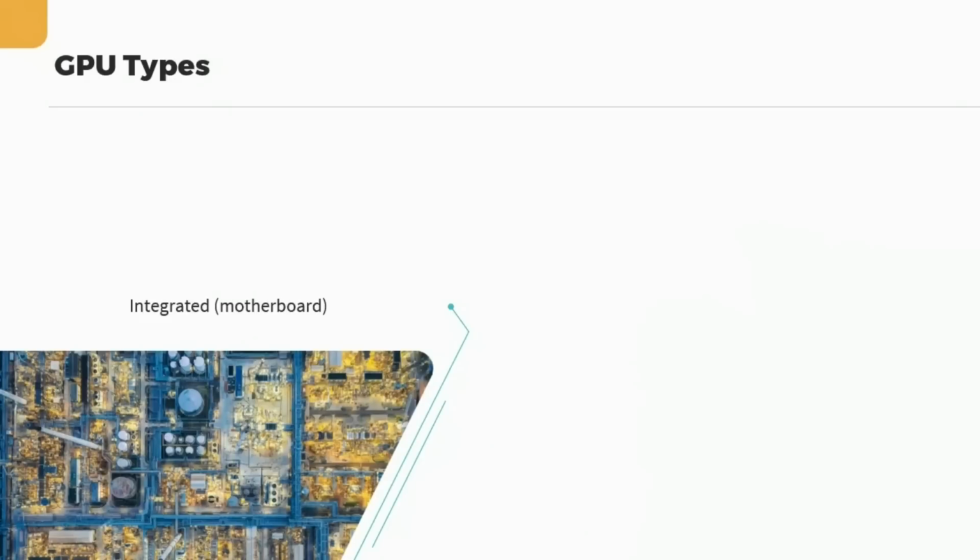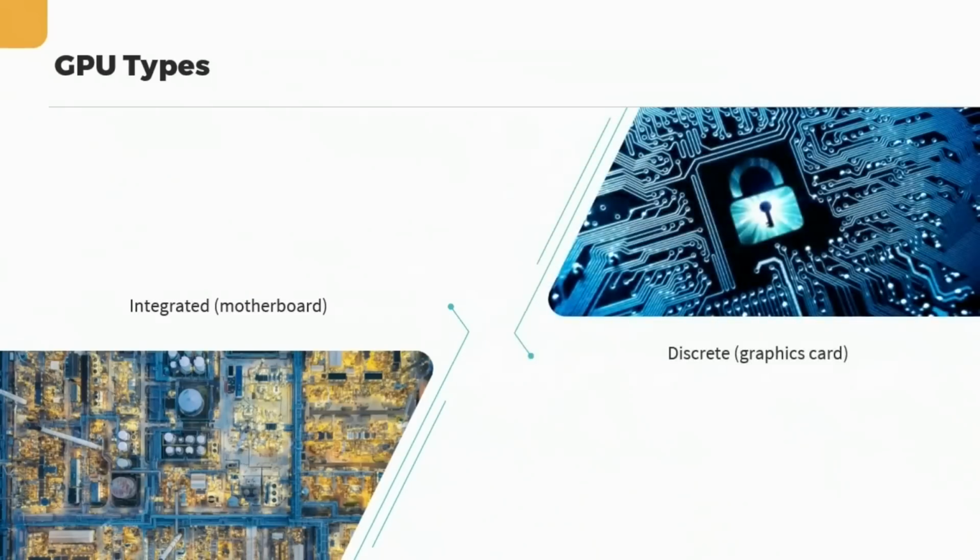But while that will certainly function for most users who are just using standard Office-type applications, it's almost never adequate for gamers, graphic designers, and other enthusiasts. So the other option is the separate or discrete graphics card, normally just referred to as the video card.